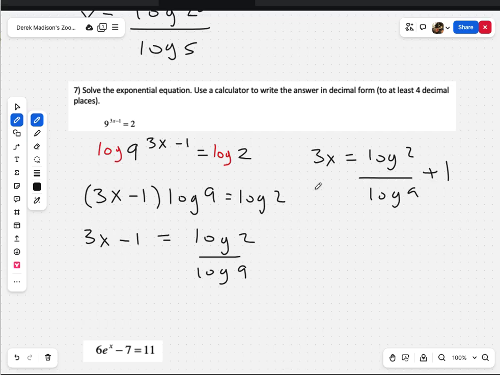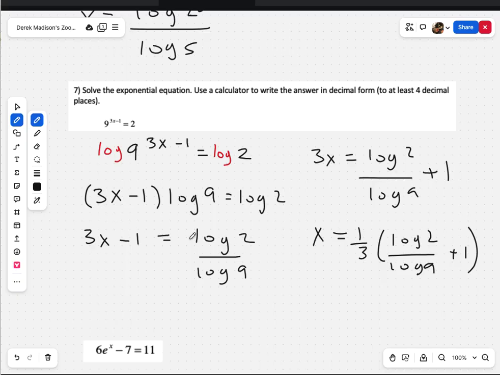So the way we'd probably write the answer if we were doing the exact one would be to say x equals, multiply both sides of this by 1/3 to clear that 3, so we don't get a fraction in the fraction. And you get all of this mess, which to me isn't super helpful in terms of getting into the calculator.